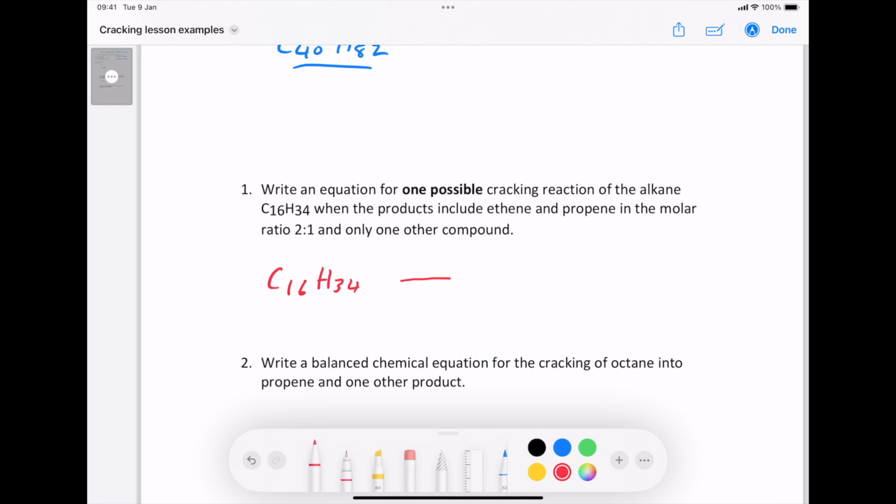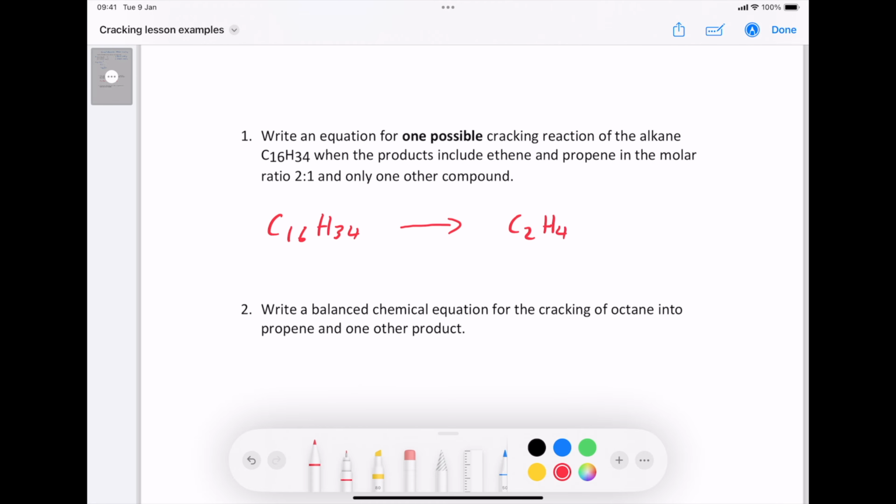So let's follow the instructions we're given. We make ethene, which is an alkene. We also make propene, C3H6, and we're producing them in a molar ratio of 2:1. And then finally, we've got to work out the question mark. So what could that question mark be?